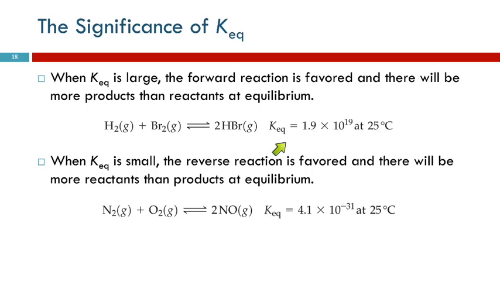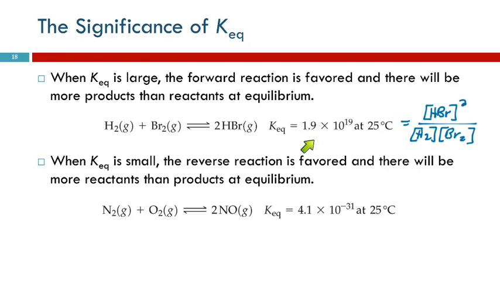If KEQ is a big number, is this a big number? 10 to the 19th power. That's a really, really huge number. That tells us that it's mostly products and very few reactants. Because the equilibrium constant expression for that is HBr squared divided by hydrogen times bromine.